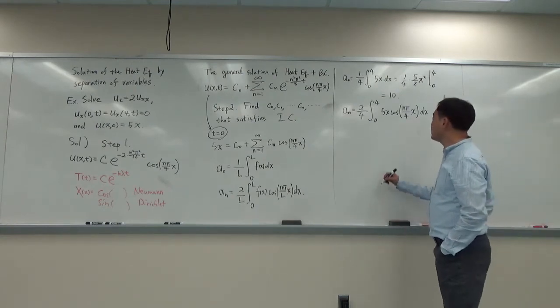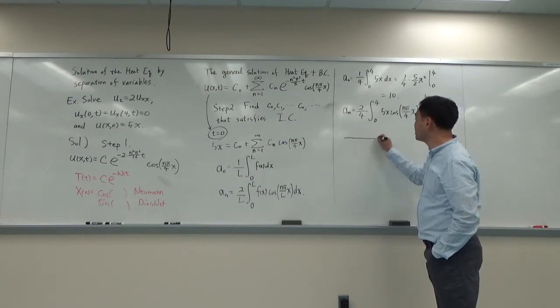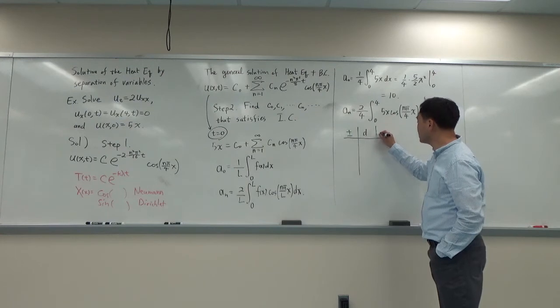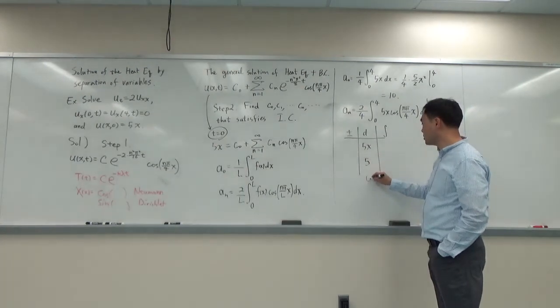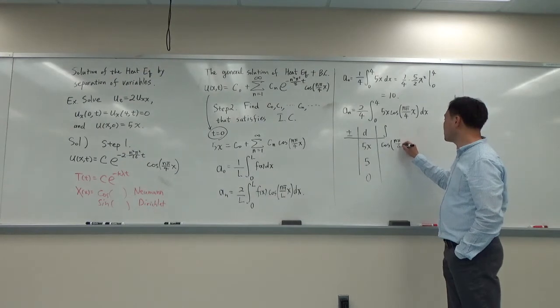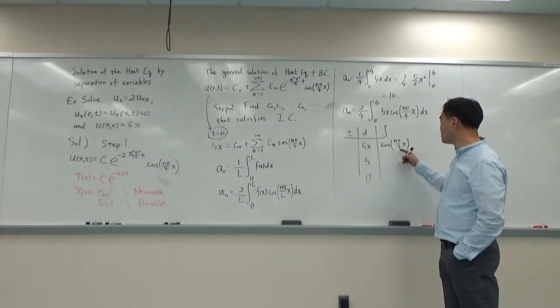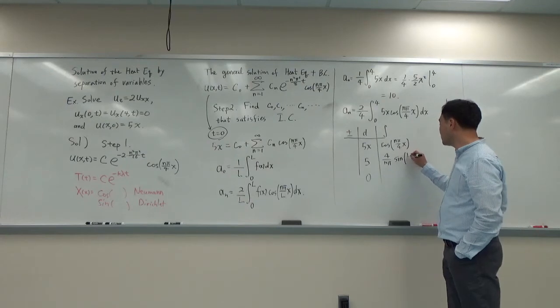And then we can just use the tabular integration. Plus, minus, d, integral. 5x, differentiate you get 5, differentiate you get 0. Cosine of n pi over 4 x, integrating cosine gives you sine, but you have the reciprocal of n pi over 4, so it's 4 over n pi sine n pi over 4 x.